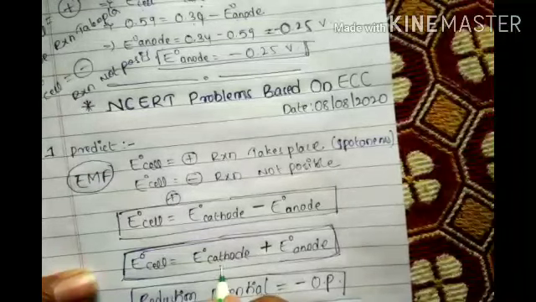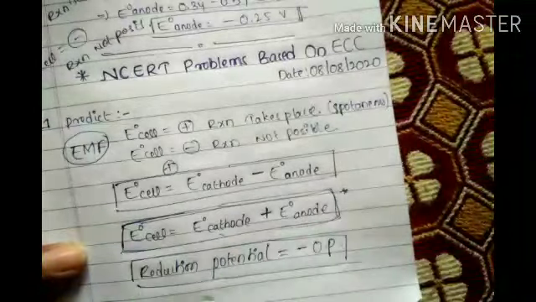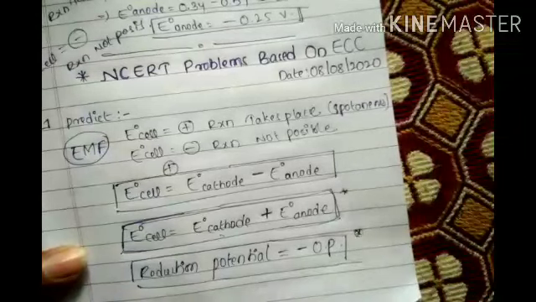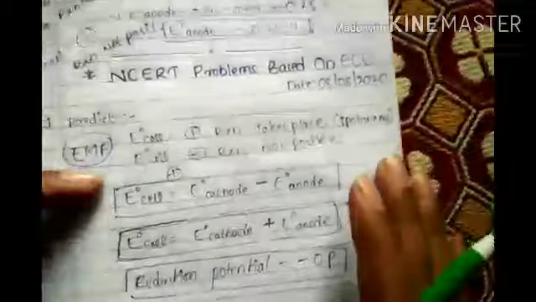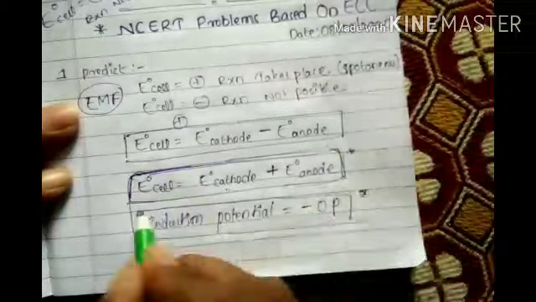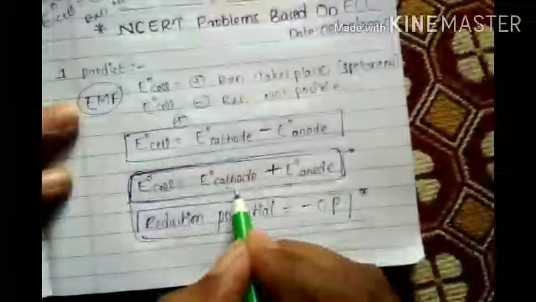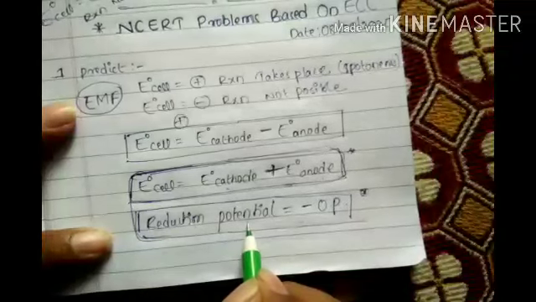When you are using this second formula, you definitely have to use this third one. Without using this, you can't do it. This is the rule. If you are using the addition of cathode and anode, you definitely have to do reduction potential.